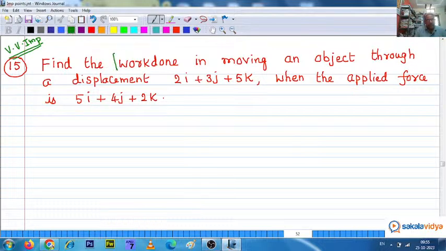We need to find the work done in moving an object through the displacement, here the displacement vector is given, and the force applied is the force vector 5i plus 4j plus 2k. So, let us see how to find it. See the solution now.